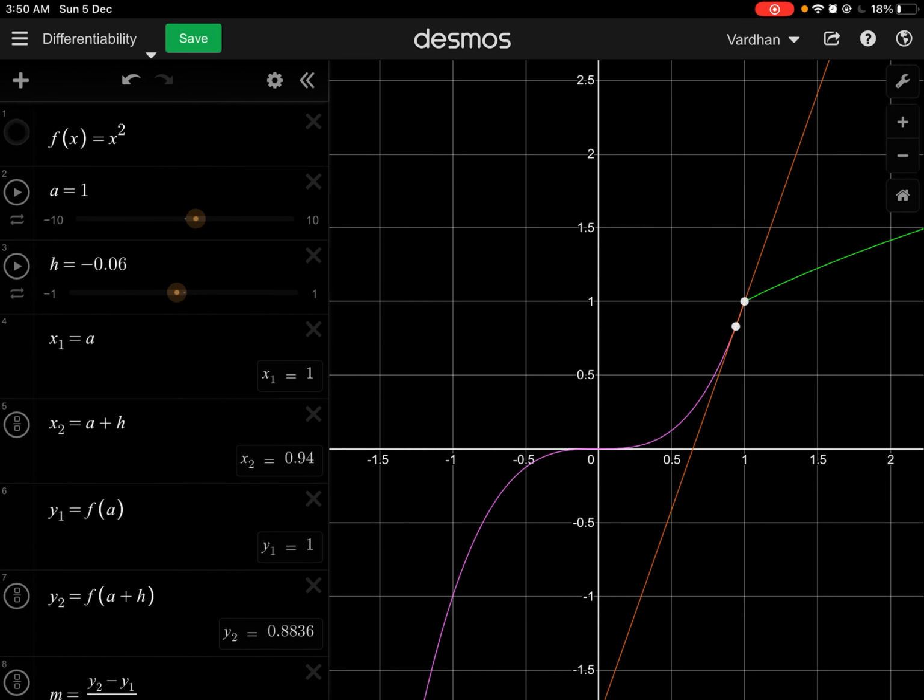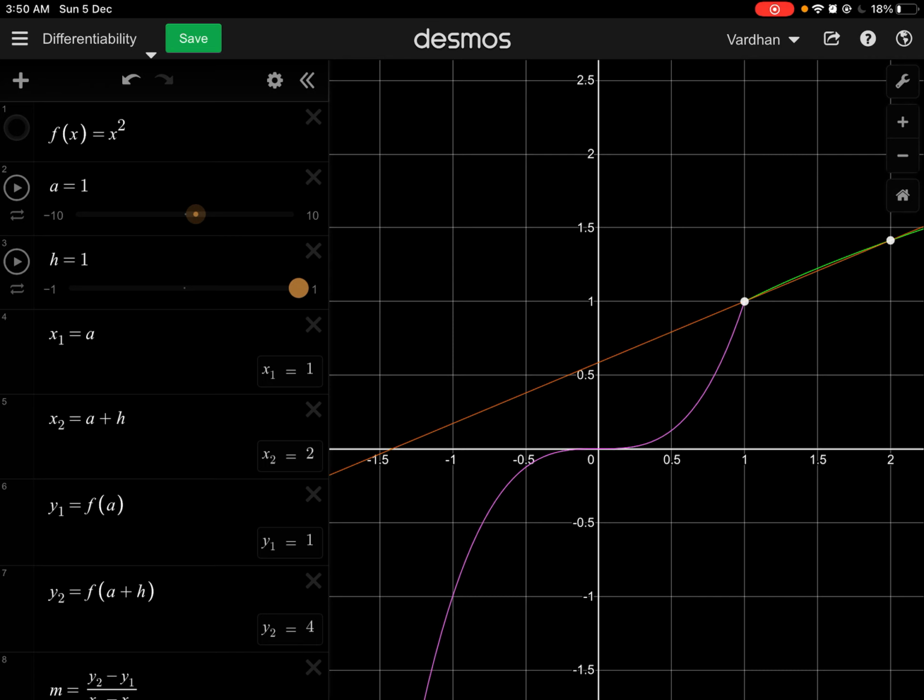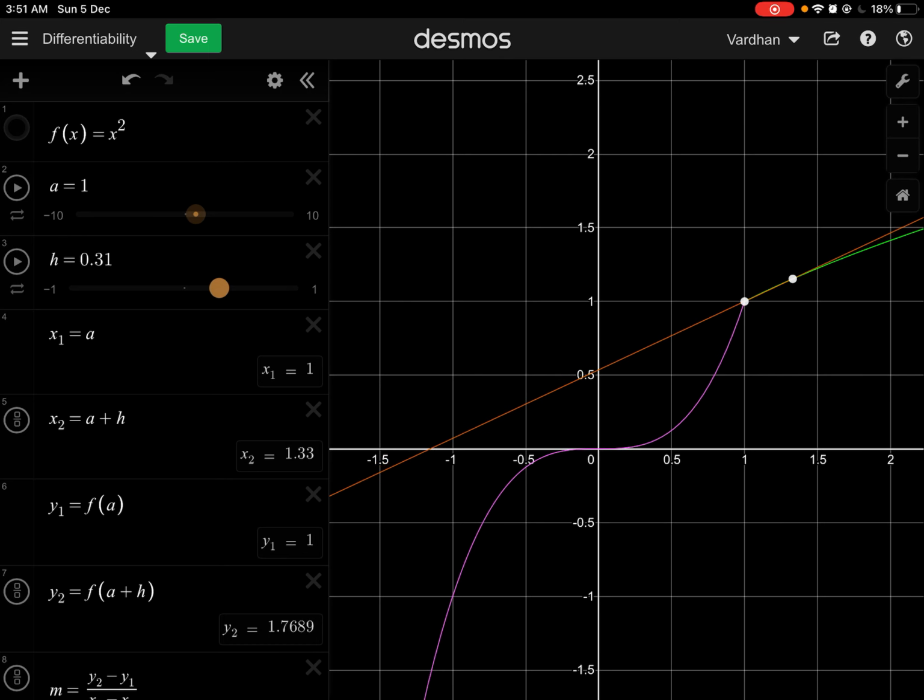So if I were to take the value of h, the right hand limit, then it would approach this line, which looks something like this. And if I were to approach it from the left, then as I increase the value of h, we get a different tangent.